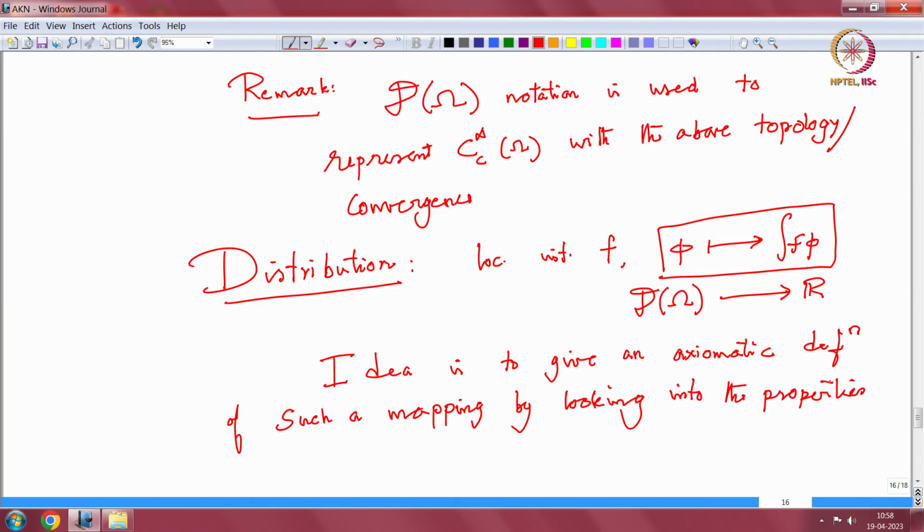So, what are the properties? We are looking into two typical properties. One, linearity: such an association is linear. The second, the fundamental property: basically we are sanitizing that association by imposing some continuity. Since d omega is already endowed with the topology, we want this association to be continuous.